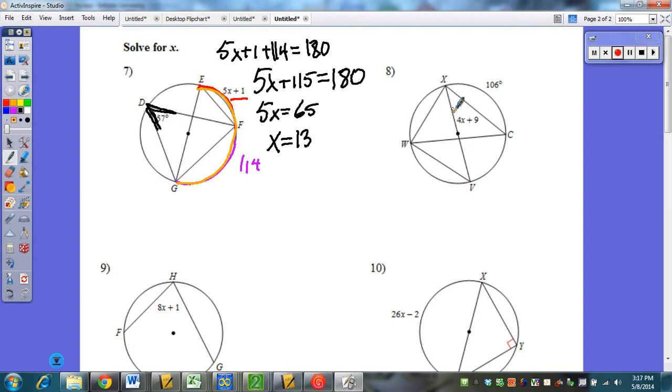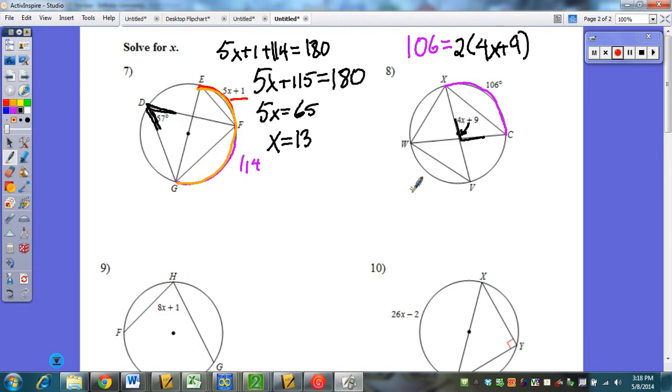The next one, again, this belongs to this angle right here. So we know that this angle equals 4x plus 9. Its intercepted arc is equal to 106. So the arc is equal to 2 times what the angle is equal to, 4x plus 9.